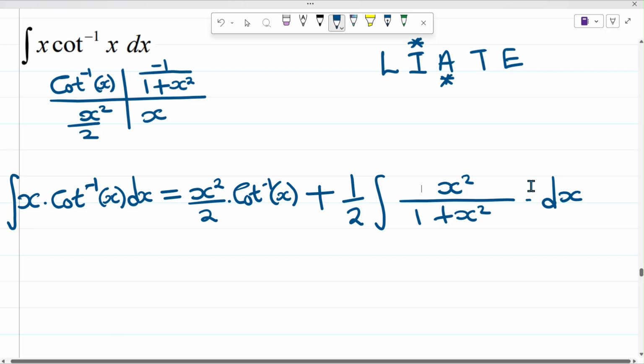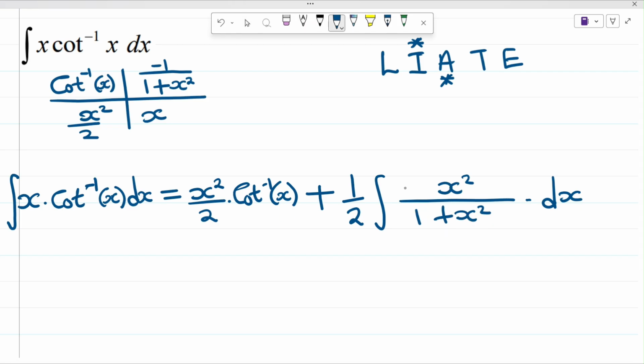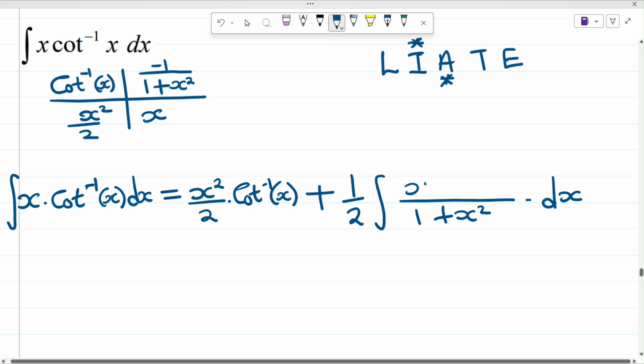Okay, so what I'm realizing about this integral is that the degree of the numerator is the same as the degree of the denominator. So meaning that I'm supposed to use the long division method, or I cook it. So I'm gonna use the method of cooking. So I'm gonna say x squared plus 1 minus 1.